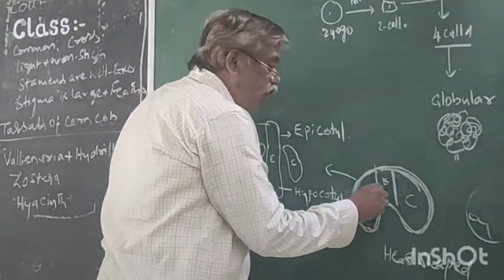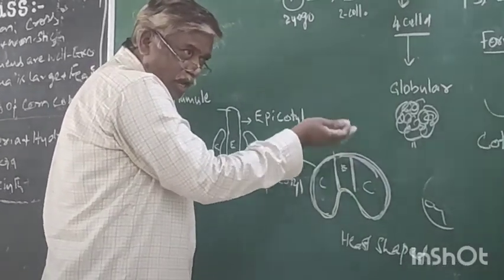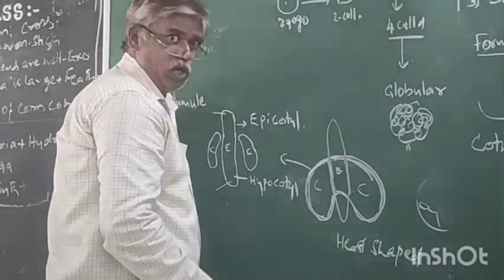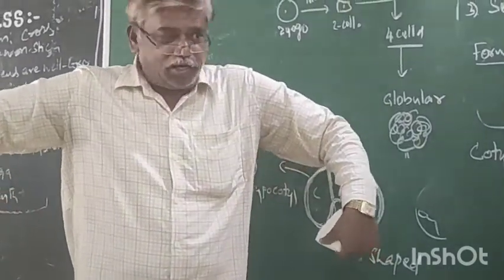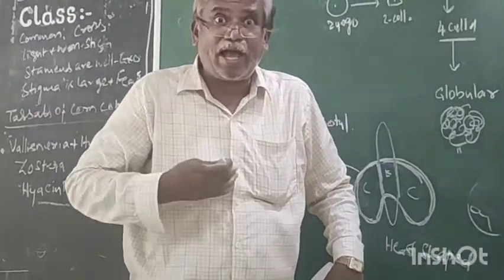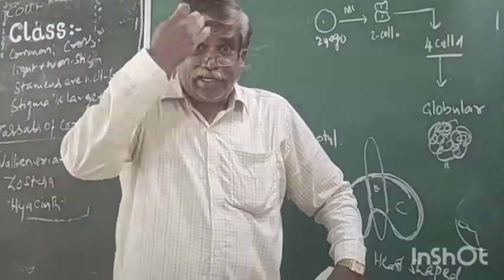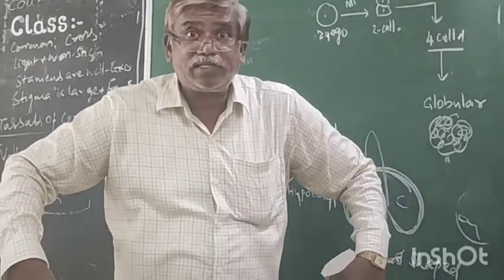The central part undergoes continuous growth like this. These are the peripheral parts, like hands. This is the central main axis, the total body axis, and the lateral parts are peripheral.